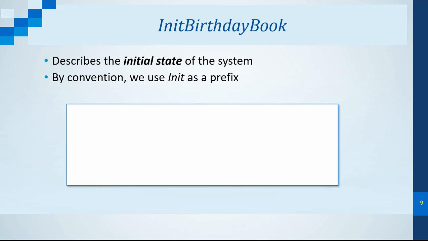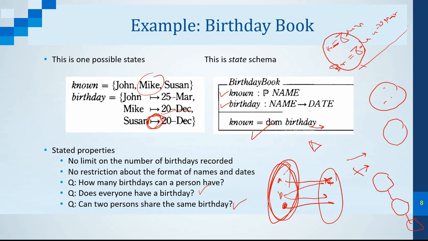Okay guys, so the initial state for this schema, for this system. If you see here we have the main items. The main one is the noun or the birthday. Actually we can say both, but in fact it is the noun only, because if I delete Susan, then the birthday without it becomes null, empty, because as we say this is a link, the noun is the domain of it.